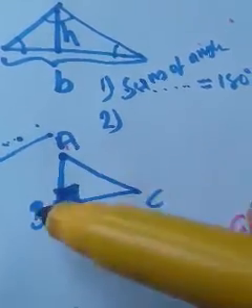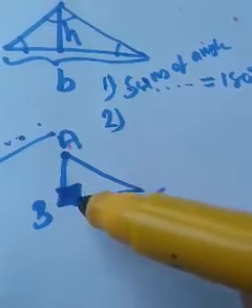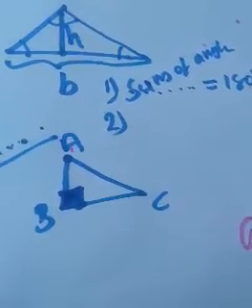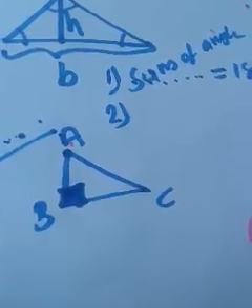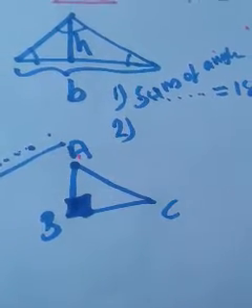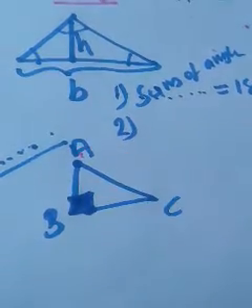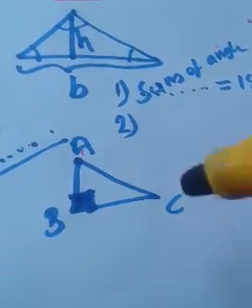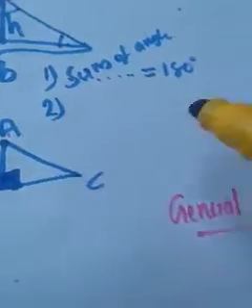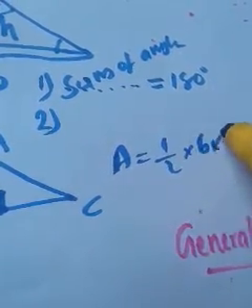This is the example for right triangle ABC, where angle B is equal to 90 degree. The specialty of right triangle is one angle should be 90 degree. I repeat, the specialty of the right triangle is one angle should be 90 degree. In that way, angle B came to be 90 degree. Clear? In this right triangle, area formula is same, half into base into height.